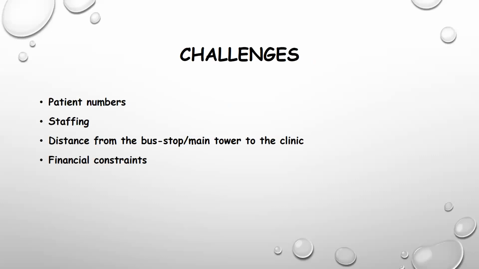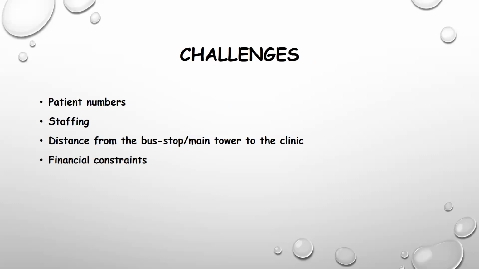Challenges that we face are that the patient numbers can sometimes be high. The staffing, the patient-to-nurse ratio, and patient-to-doctor ratio is sometimes quite difficult for us to have a proper care plan. The distance from the bus stop and the main tower to our clinic is difficult, such that if a patient is missing a file, you have to send someone to number 19 to pick up the files.